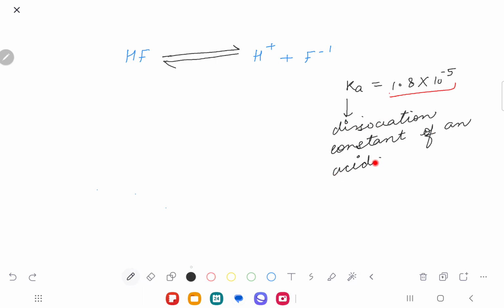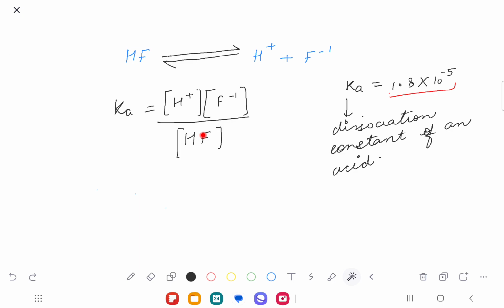So Ka shall be H plus into F negative over HF. Isn't it? That's product over reactant, because every equilibrium constant is what? Tell me. It is product concentration over the reactants concentration. Are you understanding?